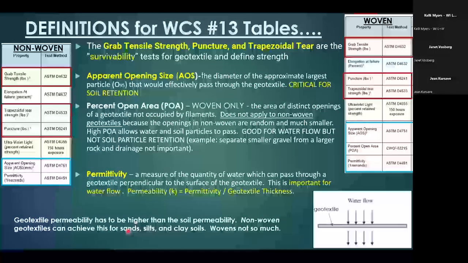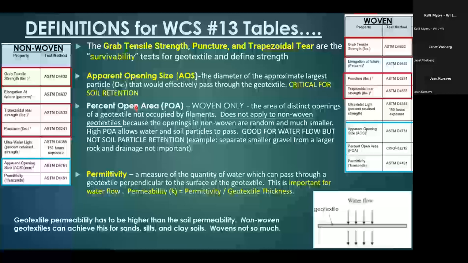And just want to mention that if you are putting a non-woven next to a gravel or a sand and you're counting on it for drainage, you'll want to make sure that your geotextile isn't holding things up as far as drainage goes. Now, wovens, they're not so great at drainage.